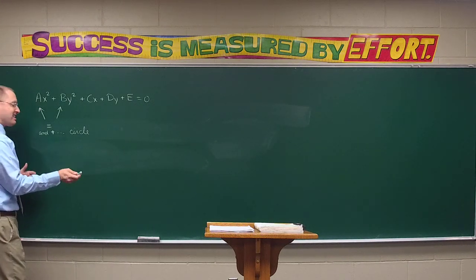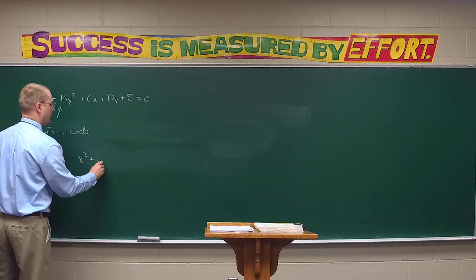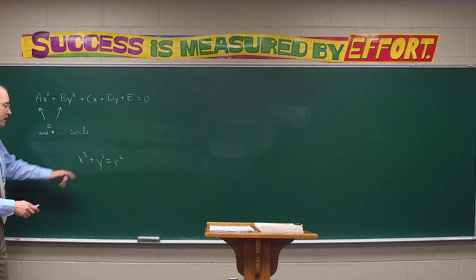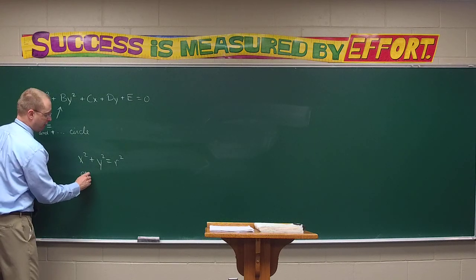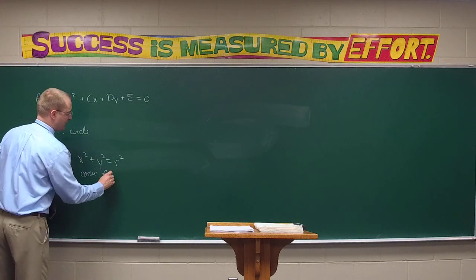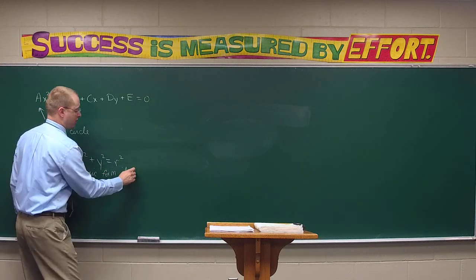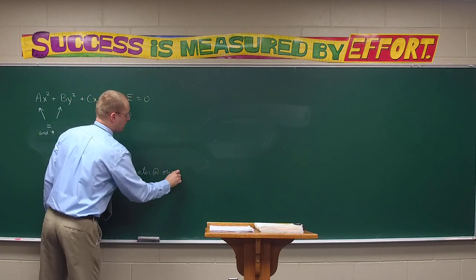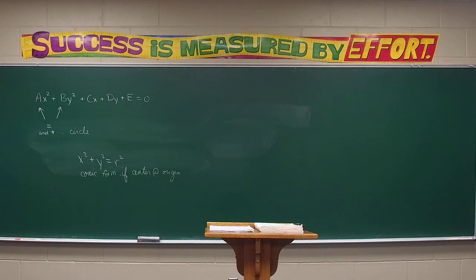In fact, the basic form of a circle is x squared plus y squared equals something, which happens to be an r squared. This is the basic conic form of a circle if the center is at the origin.